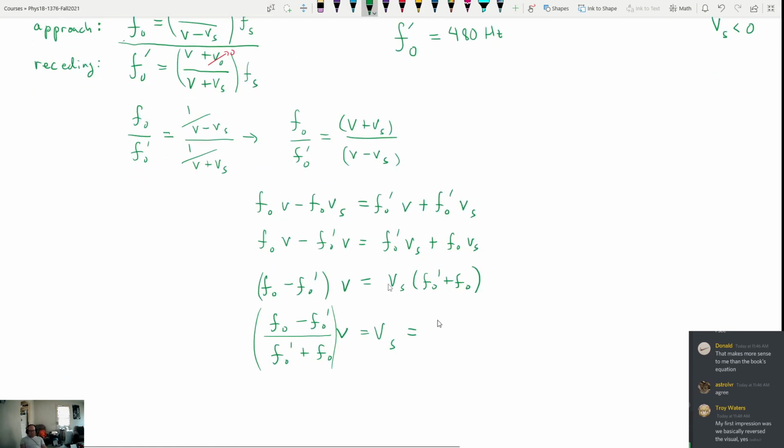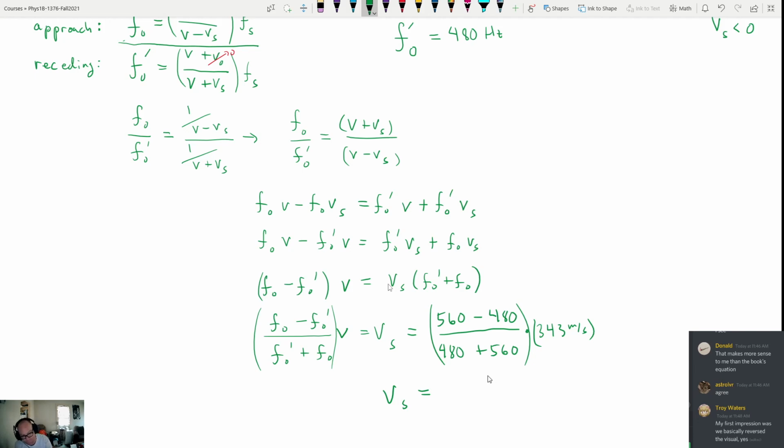So it's 560 minus 480 hertz, divided by FO prime, 480 plus 560. And then we have to multiply that times the velocity of sound, which we're going to use 343, just because that's the velocity of sound at about 20 degrees Celsius. And there we go. I didn't put units on here because everything has hertz, so those units will cancel out.